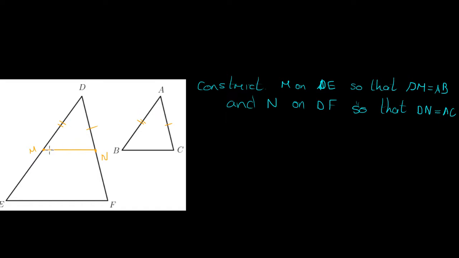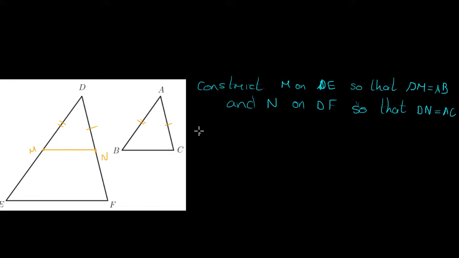Then when they're congruent, I can prove that MN is parallel to EF, and after I've proven that, I can use my proportion theorem to show that this portion over that portion is equal to this portion over that portion. And because DM is equal to AB, I can just substitute, and I've proven my point.